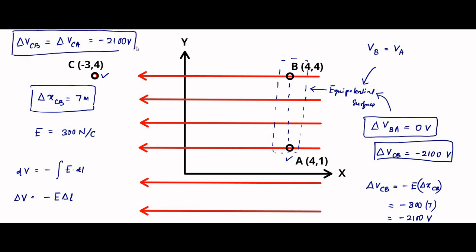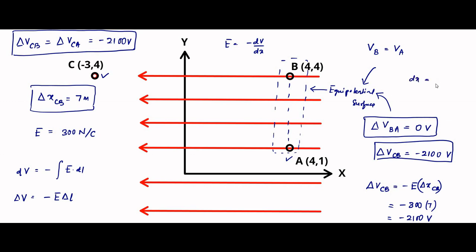Okay, this is the thing. Why are points A and B at the same potential? Because we know E is equal to minus dV by dx. Here, as they are along the same potential, dx becomes 0.